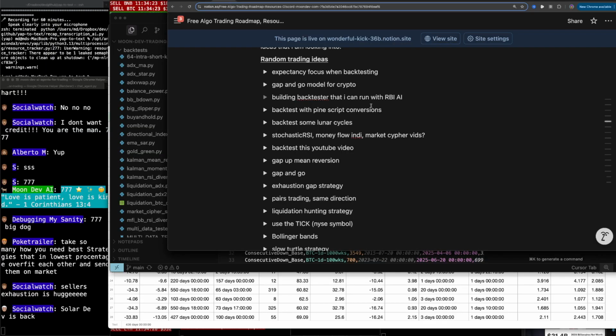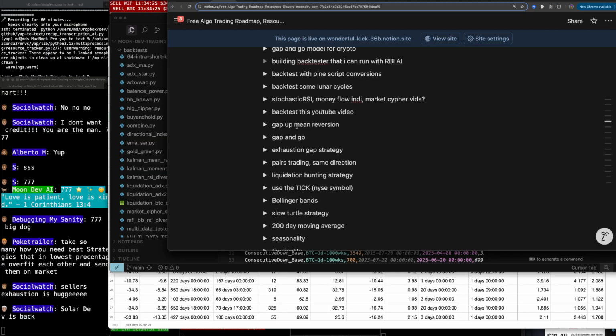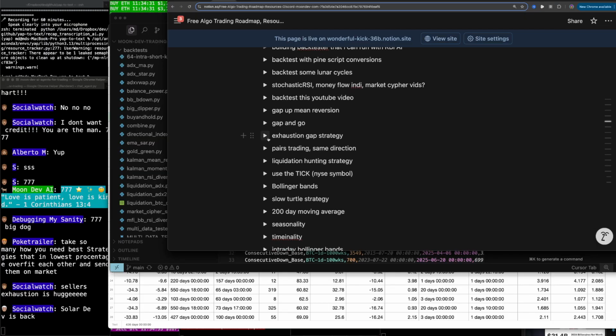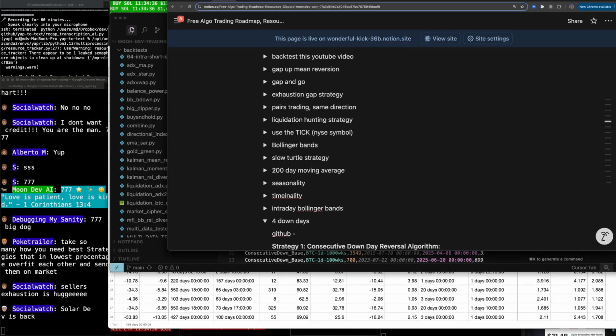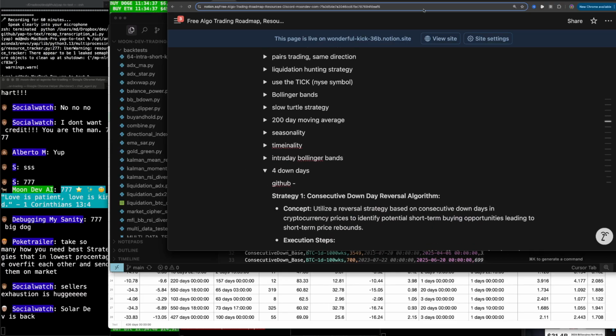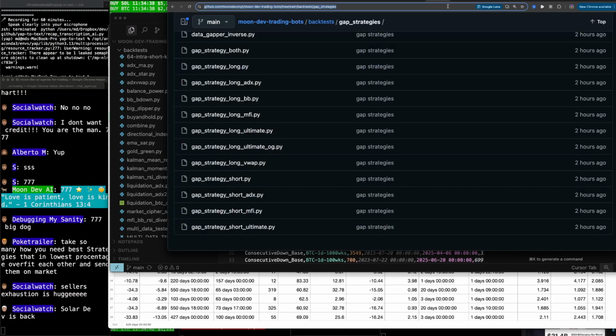Gap and go, exhaustion gap, pairs trading, liquidation hunting, Bollinger Band, seasonality. This GitHub, let's make sure the GitHub's in there.